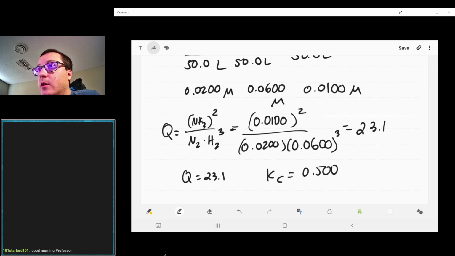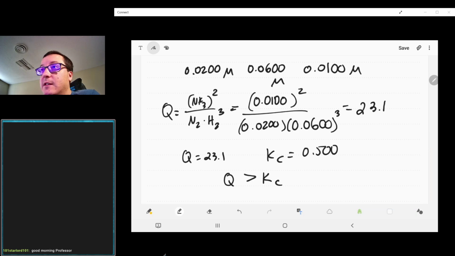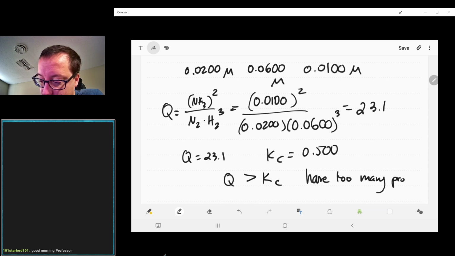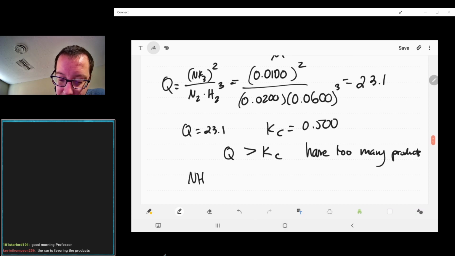So we can see here that our Q is definitely greater than Kc, which means right now we have too many products. Our reaction is currently favoring the products. As a result, we're going to have to get rid of those extra products, so our reaction currently favors the products when it shouldn't.